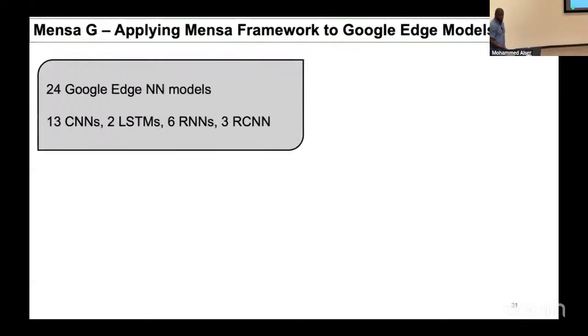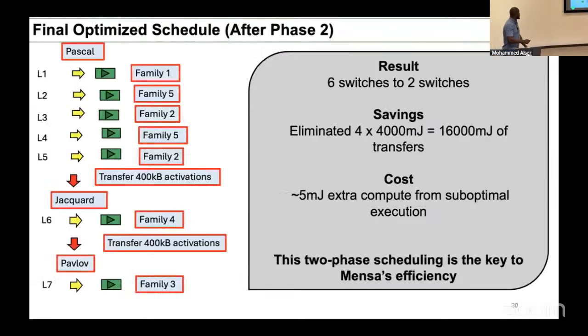And so instead of having 6 different switches, you only switch twice, saving energy and compute. So this two-phase approach is what Mensa is proposing, the framework behind Mensa itself.